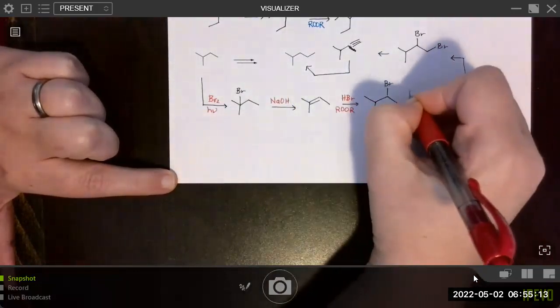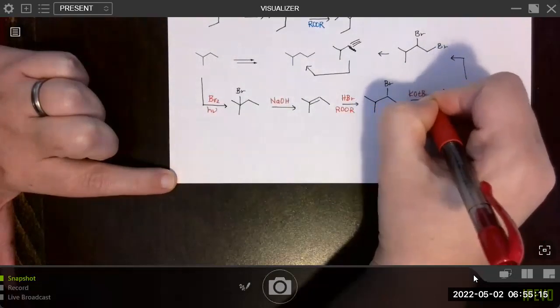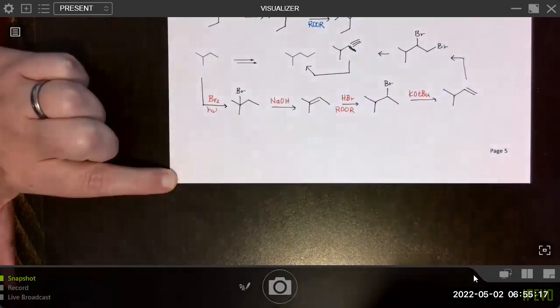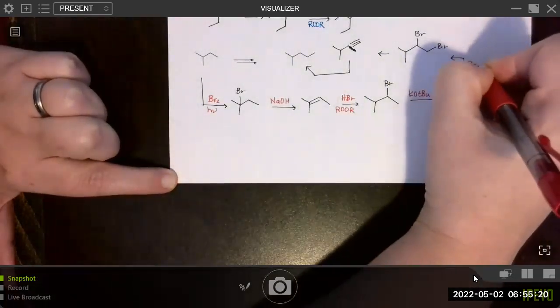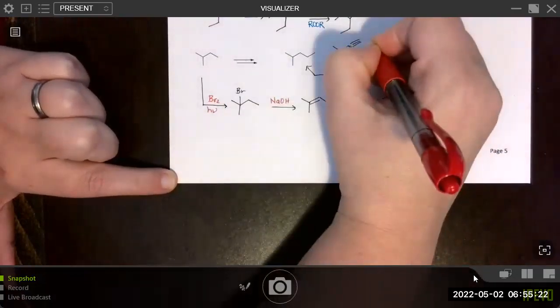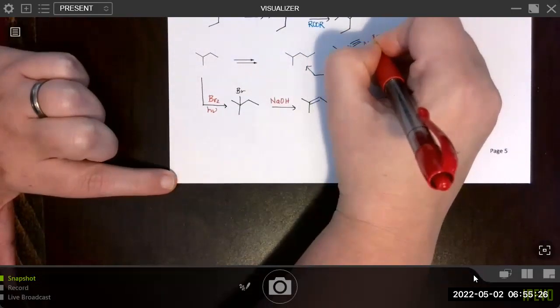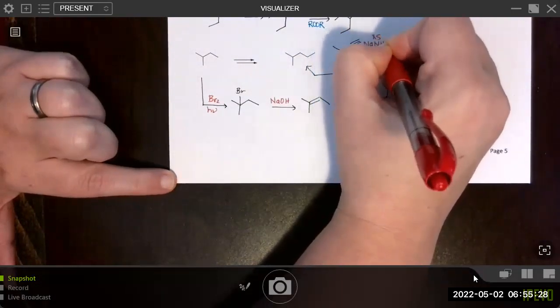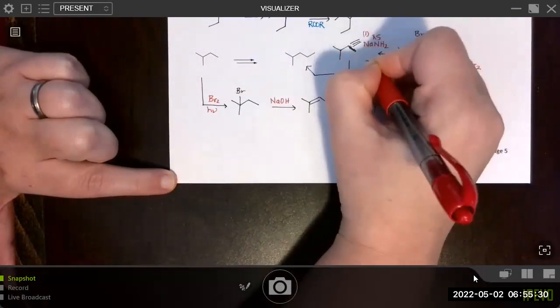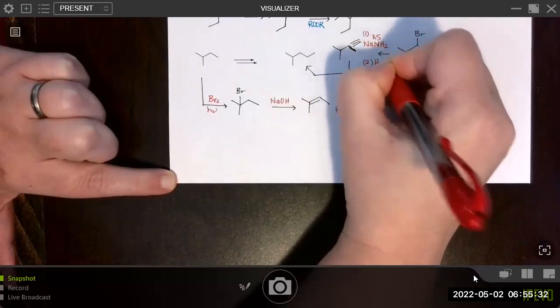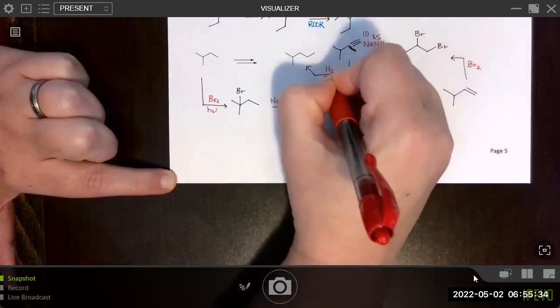Doing another elimination, this time Hofmann, the bulky base. Adding bromine across the double bond, only to eliminate it. And then reduce it using hydrogenation.